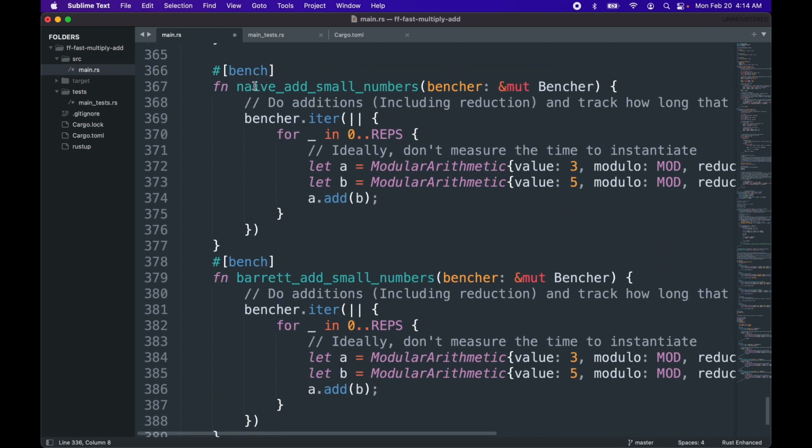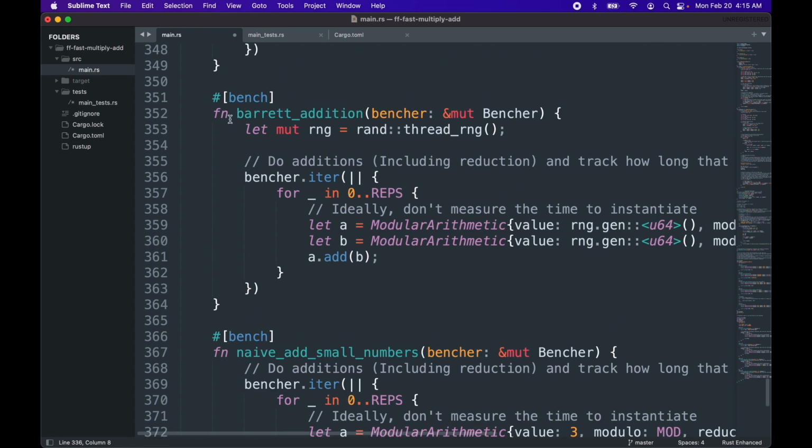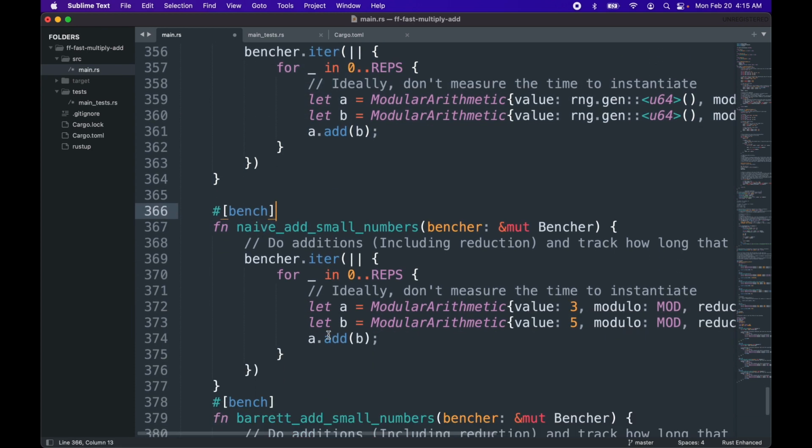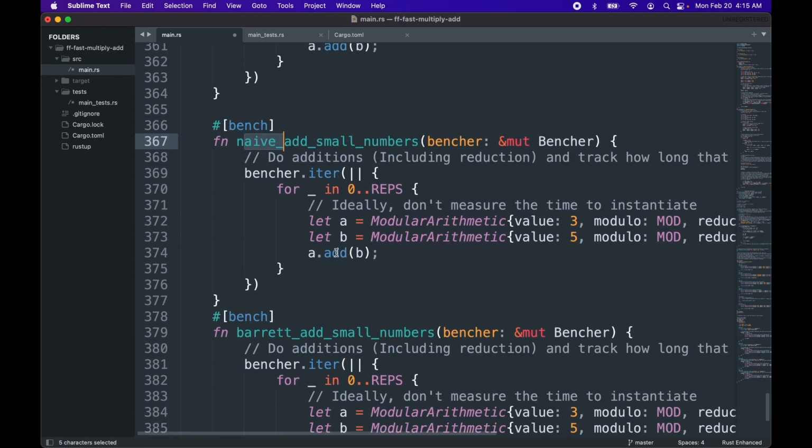And then we're seeing, well, if I do this with just small numbers that might not need to reduce in the same way, or it might be less costly in their reduction function, what I would like to see is that this takes roughly as much time. It is indistinguishable from normal Barrett reduction. Actually, this is the naive one.